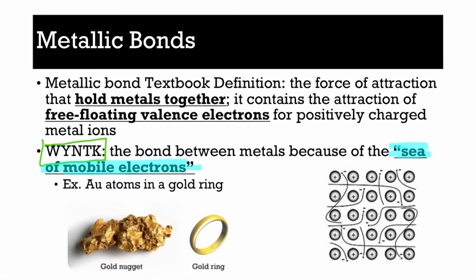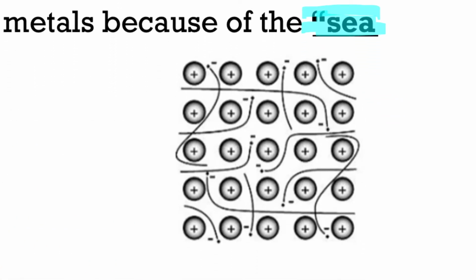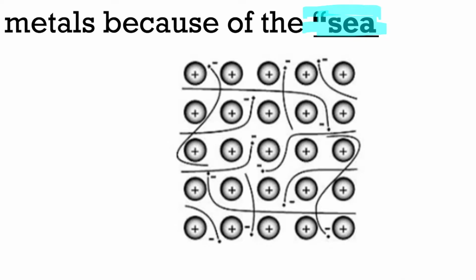So basically what that means is if we look at this picture, all of these positive things represent the different metal cations, but these little electrons, they're just floating wherever they are. And that's why when we talk about the transition metals having multiple oxidation states, them getting a little bit weird, this is why, because the electrons don't just belong to one thing, they're just kind of flowing around.